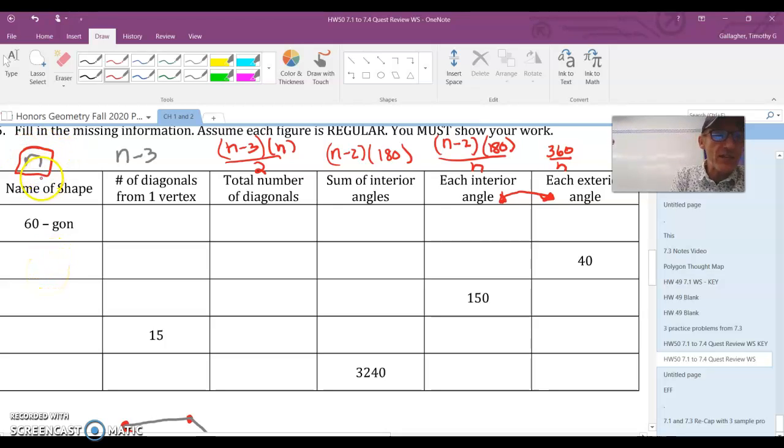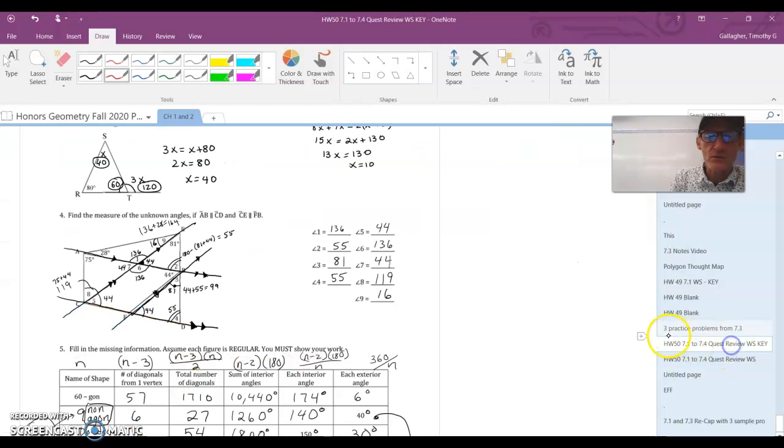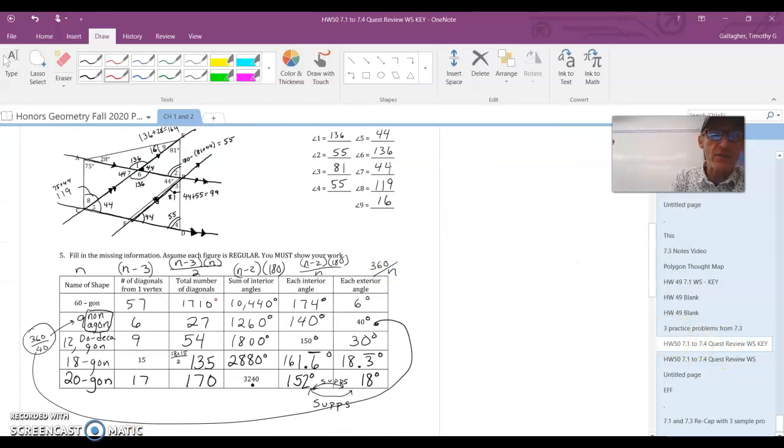So if n equals 60, the number of diagonals from each vertex is going to be 57, okay? And the number of diagonals totally, all right, is going to be 60 times 57 divided by 2. Now that number is 1,710.